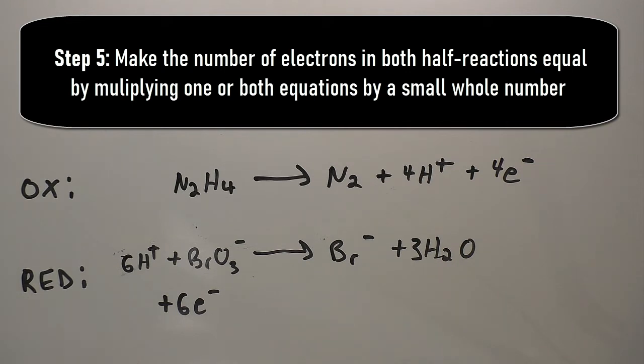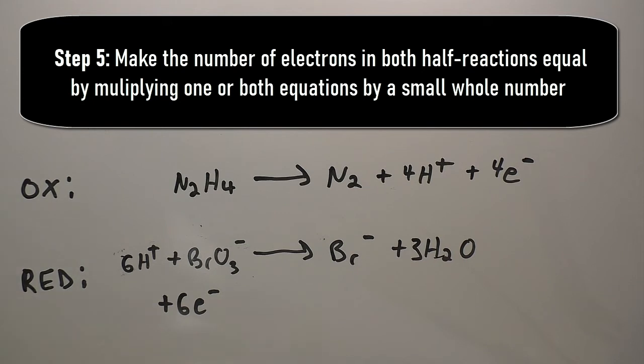Now it looks to me like we're not going to get away with multiplying just one of the equations by a small whole number, right? Because if we multiply this equation by a factor of 2, let's say, we'll end up with 8 electrons, which is more than 6. So we're going to have to multiply both of these equations by a factor. When you're trying to figure out which factor, it's basically like a least common multiple sort of thing, right?